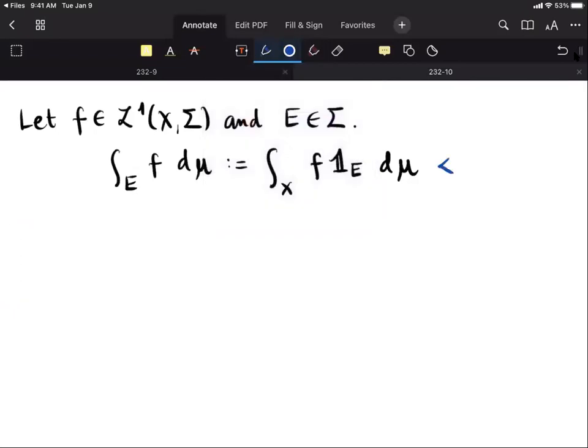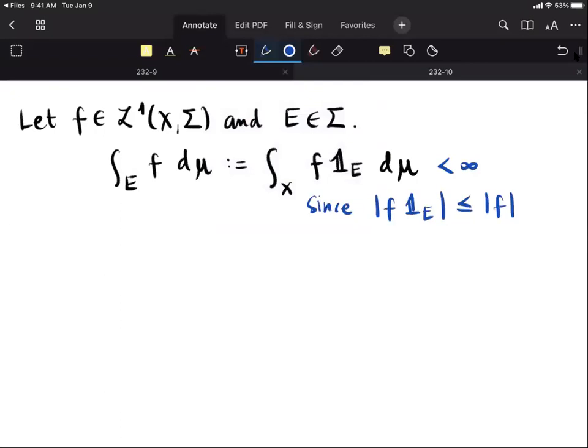Take note that this is finite since obviously the magnitude of this product is less than or equal to the magnitude of f, since the characteristic function is either 0 or 1, and you apply monotonicity.